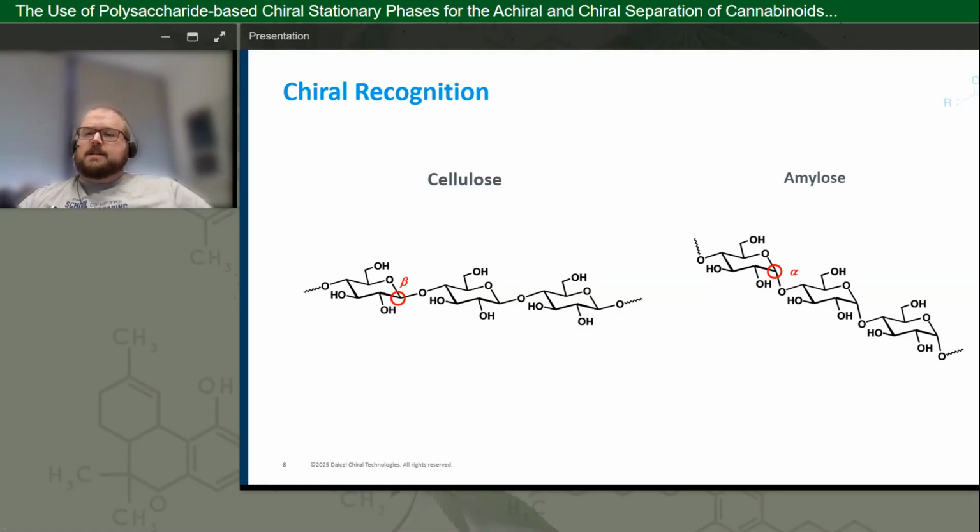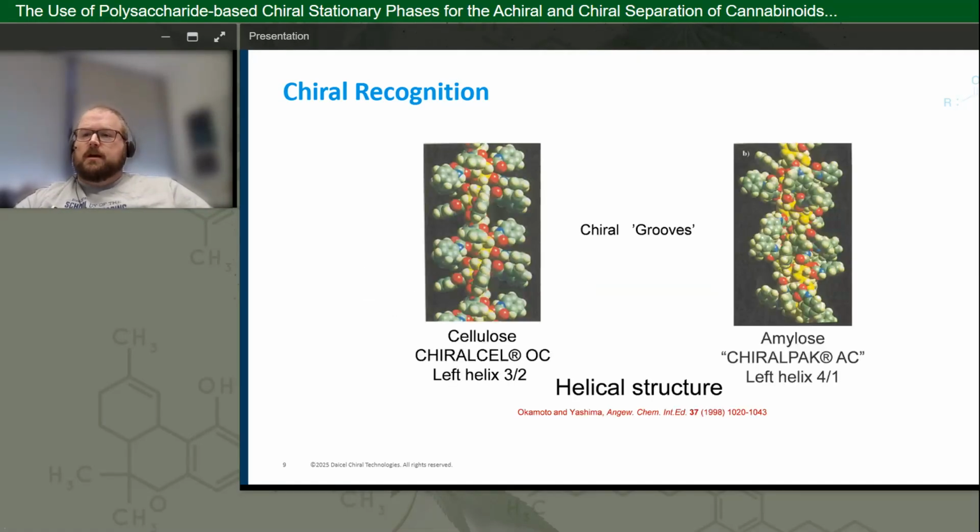And if we go back and look at examples of what that could be in terms of our chiral polymers, the example on the left-hand side I showed you previously is a cellulose tris methylphenylcarbamate, Chiralcel OC. And then the amylose version on the right-hand side visually looks very different from the cellulose version.